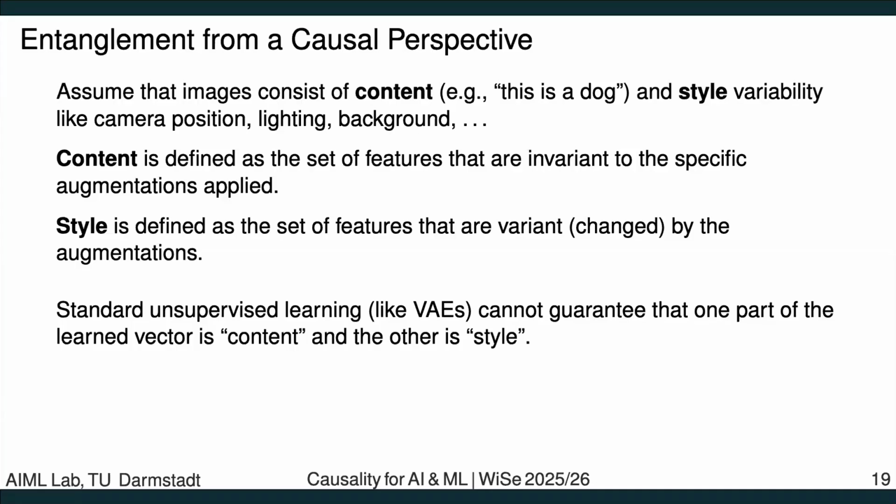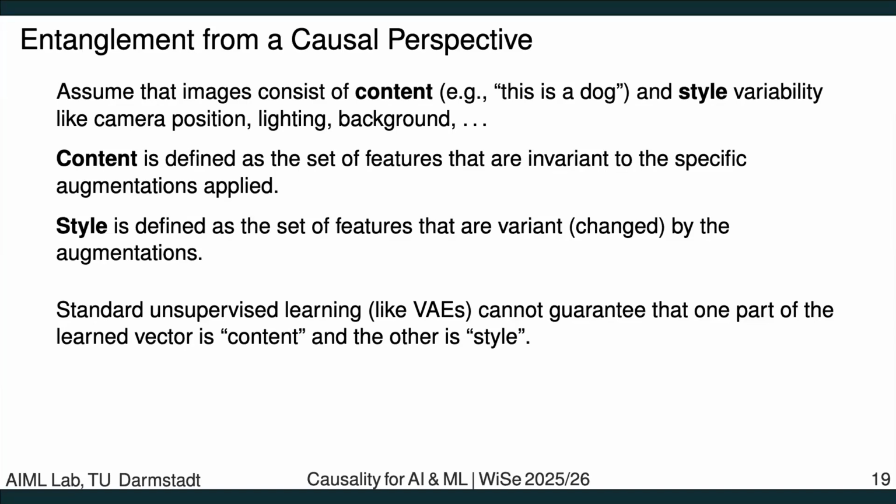But then for an image, there are a lot of other aspects that need to be encoded. It's not just, okay, this image shows a dog or a cat, but usually you also have the lighting and background, and the camera position that changes. And even though a set of images might always show a dog, you have a lot of different styles in that sense, like how this dog is recorded.